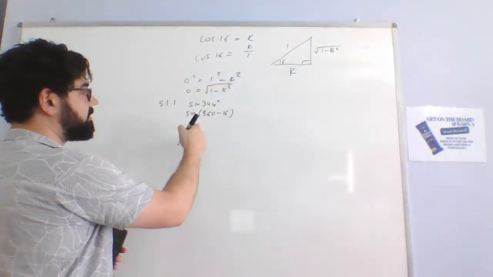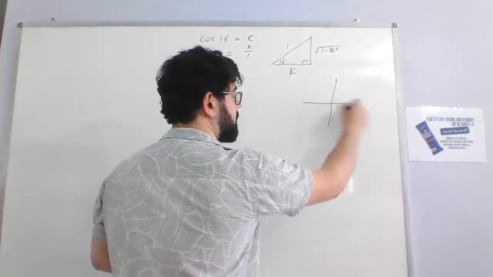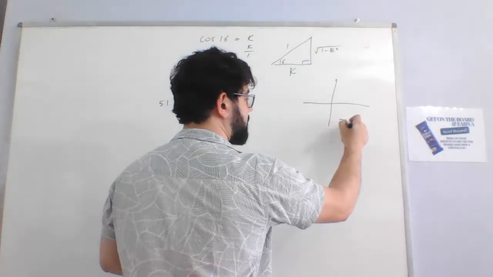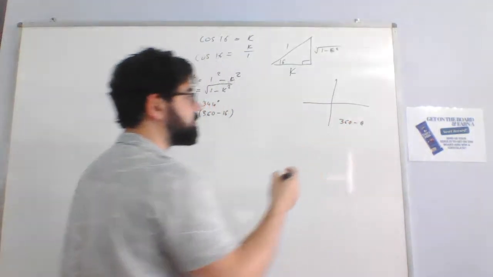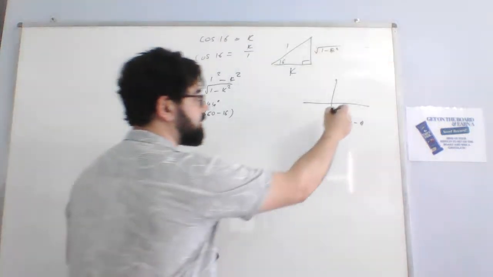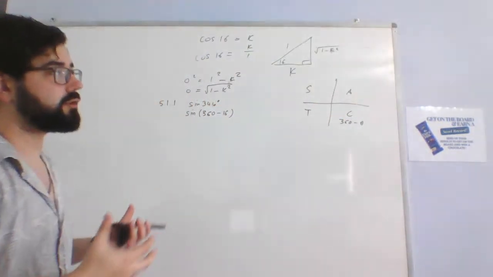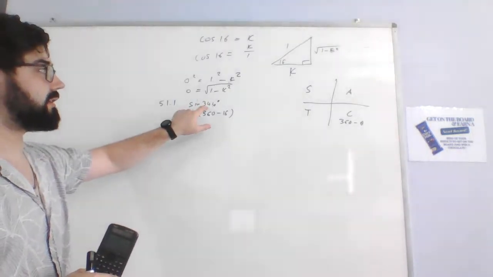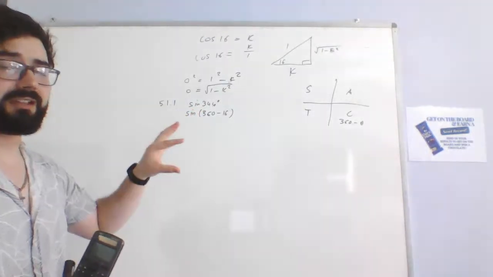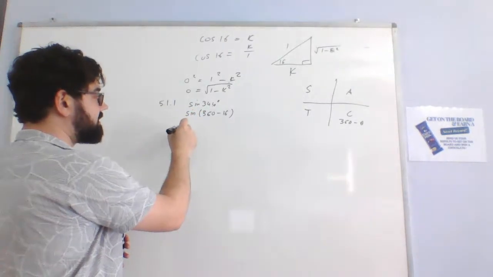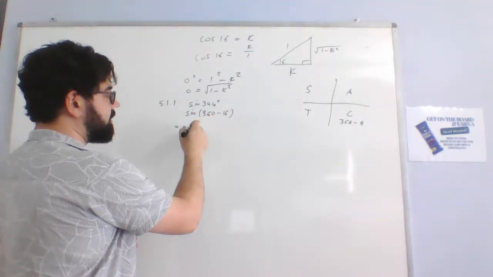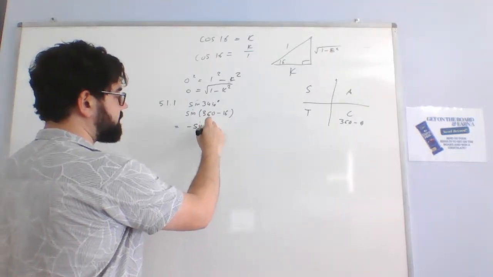And because 360 minus theta is in quadrant 4, we know from our CAST diagram that sine is not positive in that quadrant. So for an angle of 344 degrees, sine is going to be giving us a negative answer. That's what that means. And in fact, the answer will be negative sine of 16.